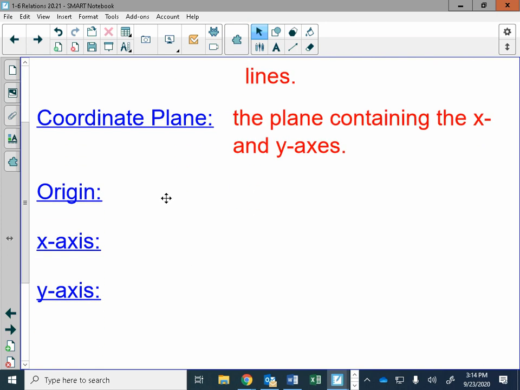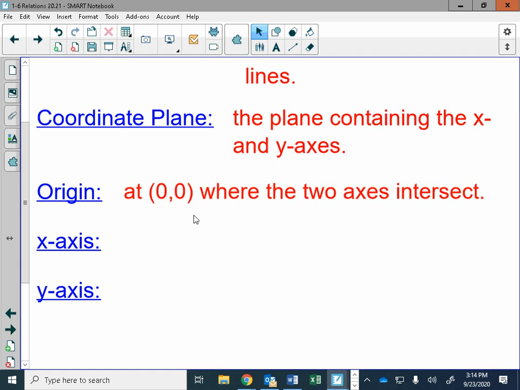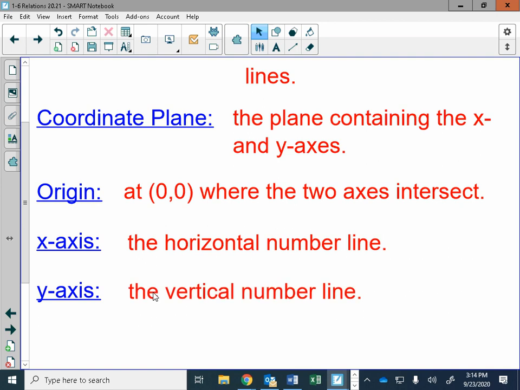When we refer to the origin, we're talking about the ordered pair 0, 0. That's where the two axes or number lines intersect. The x-axis, like I just said, is the horizontal number line. The y-axis is the vertical number line.